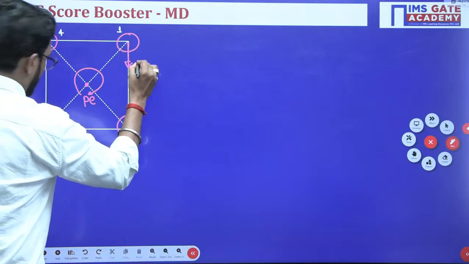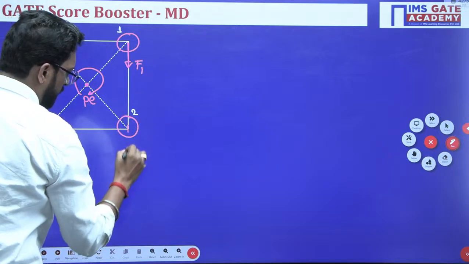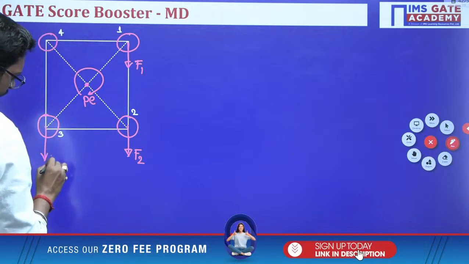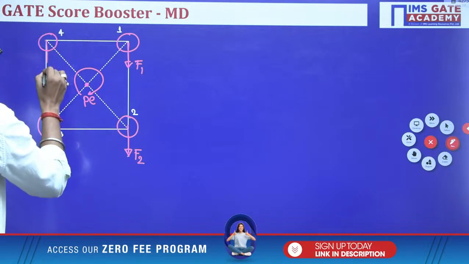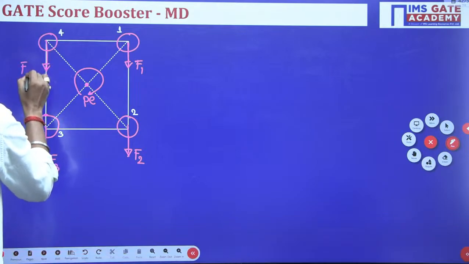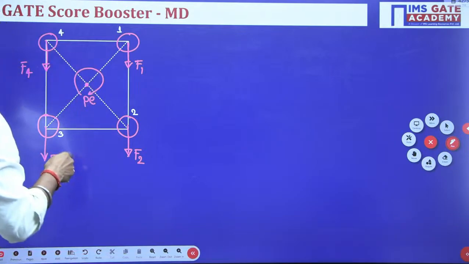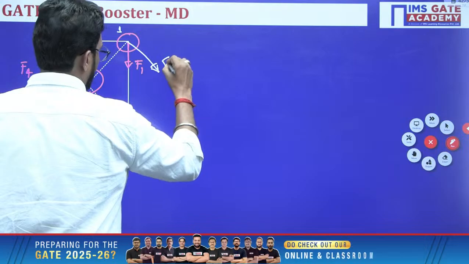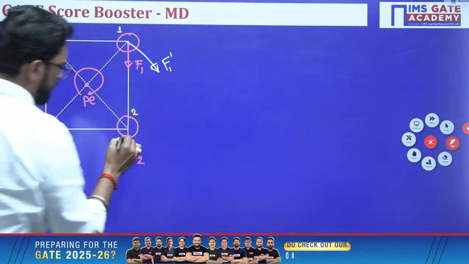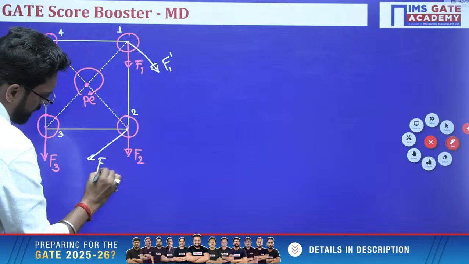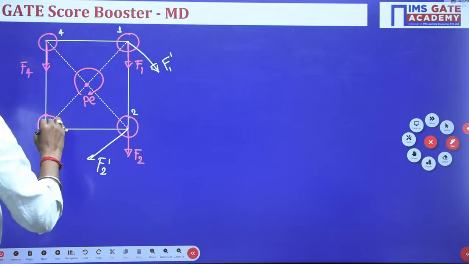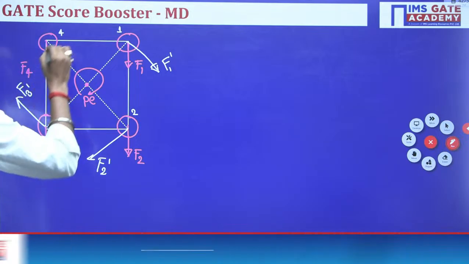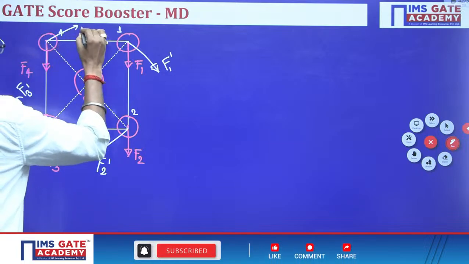This is F1, direct shear load, F2, F3, F4. And it will twist in this direction. So there is a torsional force perpendicular to this length: F1 dash, F2 dash, perpendicular, F3 dash, perpendicular, F4 dash.